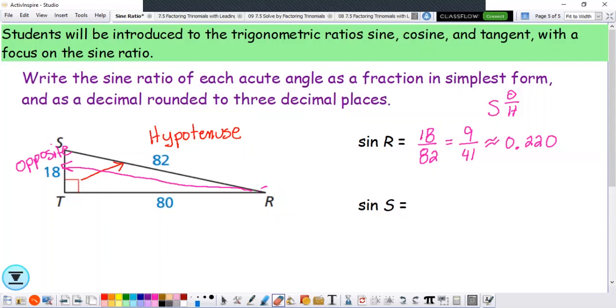I'm going to erase my markings so that I can focus on angle S. Angle S has an opposite side of 80.